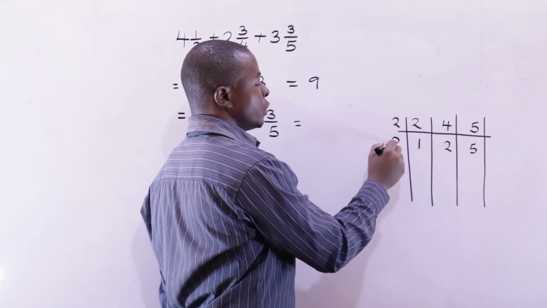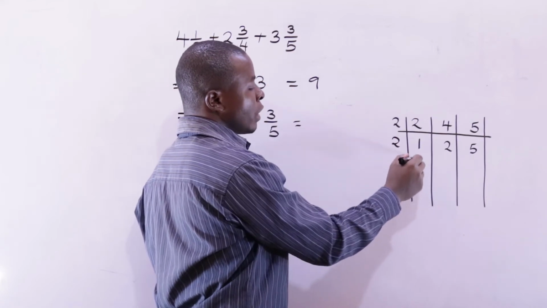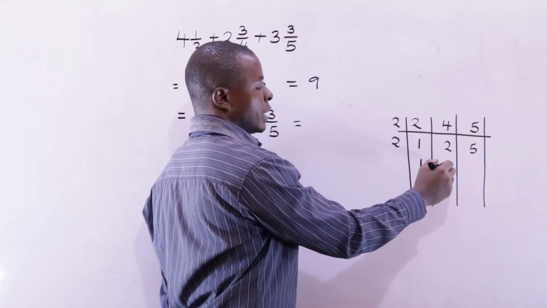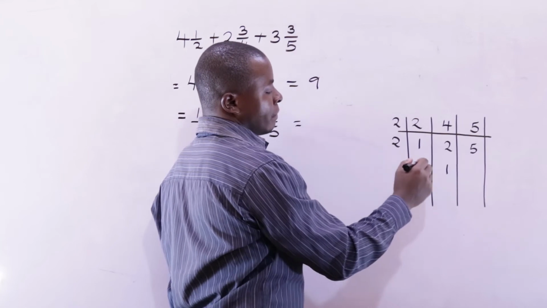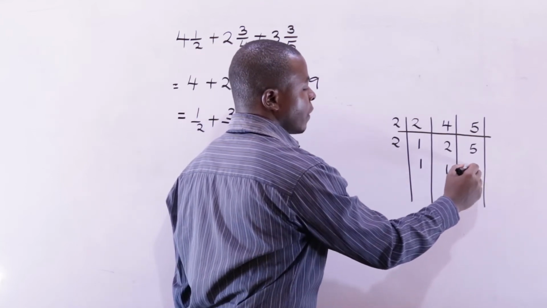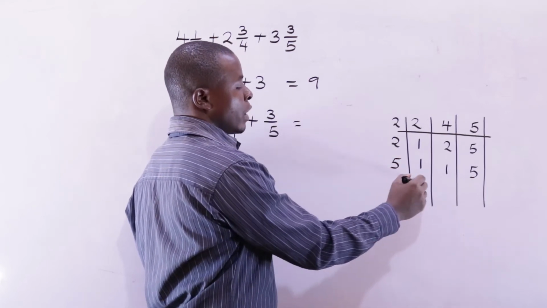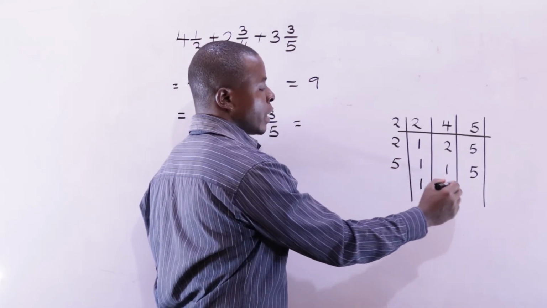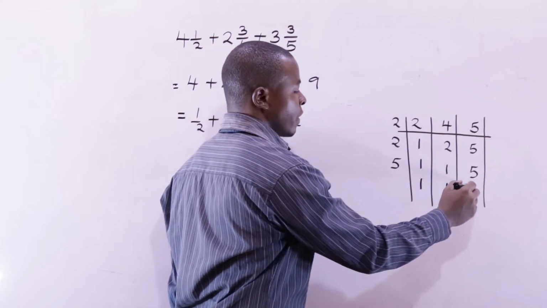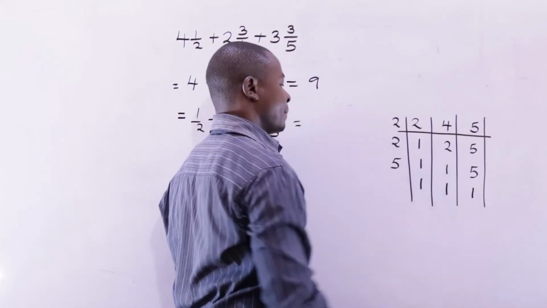Then I'll have 2 divides 2, we drop down 1, and then 2 divides 2 to get 1, and then we drop down 5. Then I'll have 5, we drop down 1, also drop down 1, 5 divides 5 to get 1.